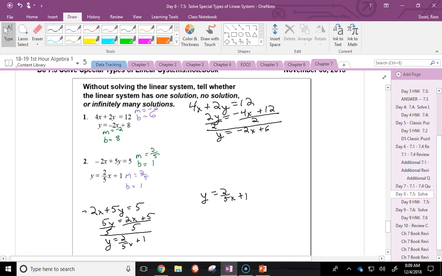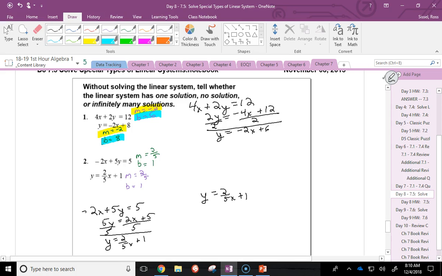All right, looks like a lot of people are finishing, so looking at number one. The first line, 4x plus 2y equals 12. I ended up finding a slope of -2 and a y-intercept of 6. The second line, y equals -2x plus 8. My slope was -2 and my y-intercept was 8. So I have the same slope, but my y-intercepts were different.